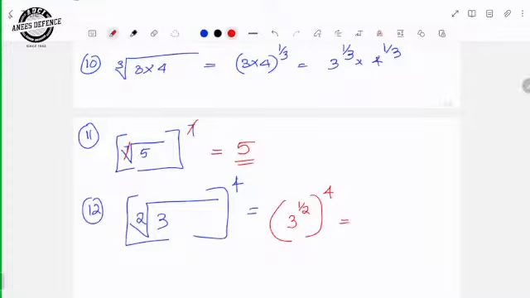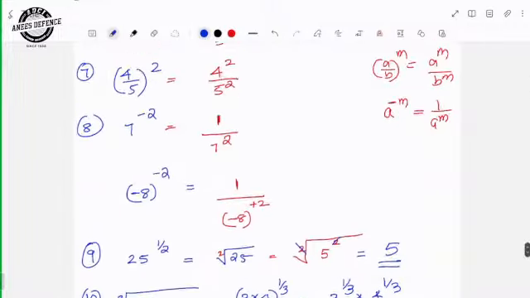So by using the formula (a raised to m) raised to n is a raised to m into n, we get 3 raised to 1 by 2 into 4. Here this 2 and this 4 get cancelled. So you will get 3 raised to 2 as the answer. So these are some important indices rules we have to consider.